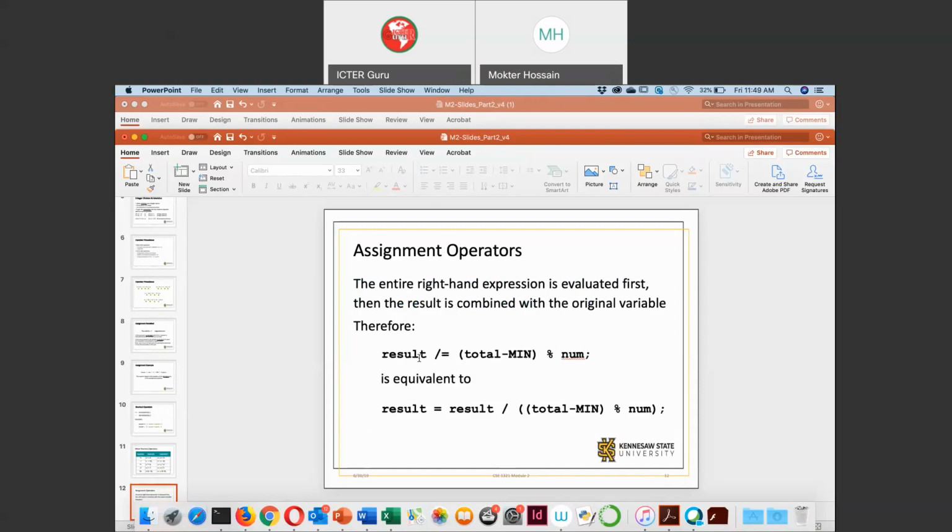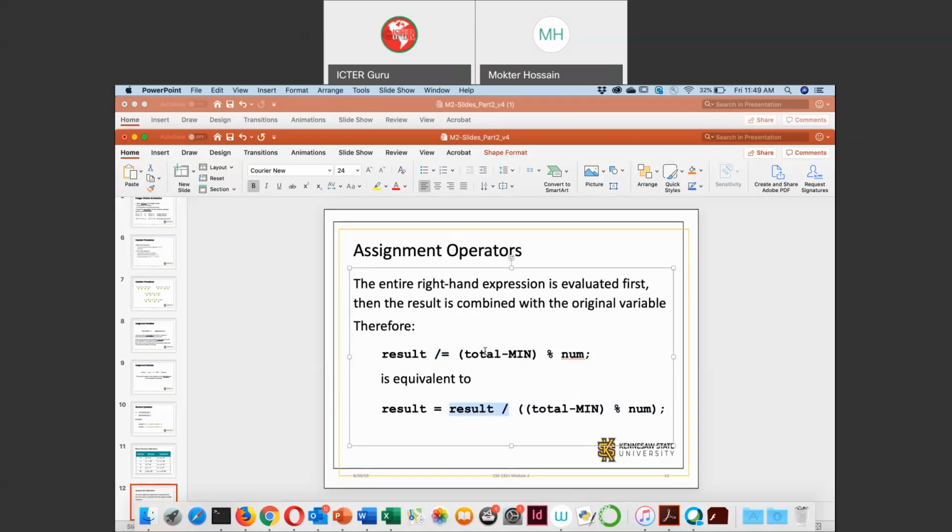For instance, in this expression, if we say result equal to total minus min num, it's a little bit complicated expression. Then you may have a question: why are we going to use this notation where we can write it in this way?